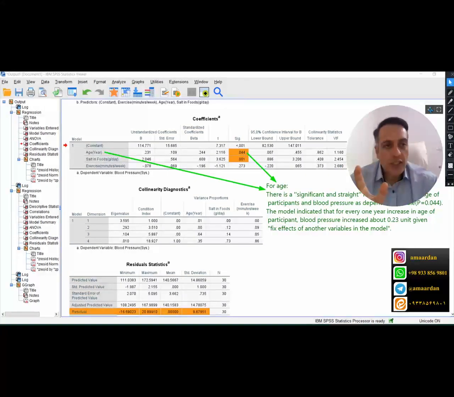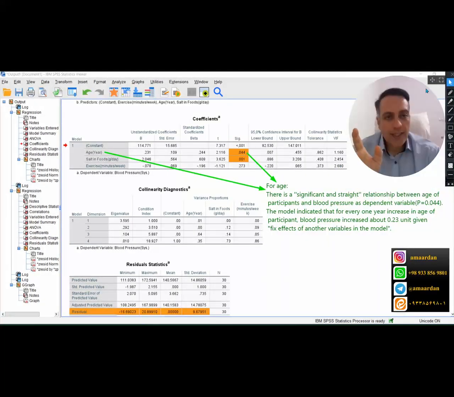For age, you need to write a report similar to this. In this report, you see that there are quotations around some words, and these words are very important. Now we review these words.